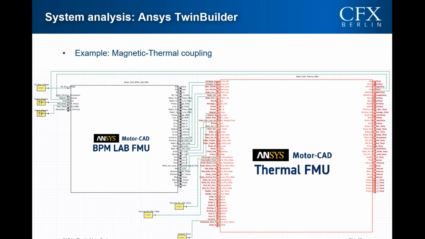Some of the pins are connected to the other component, showing that these components interact with each other. For example, the output of winding temperatures here and magnet temperature of the thermal component is connected with the corresponding input pins of the EM component. This way we create a coupling between the components.